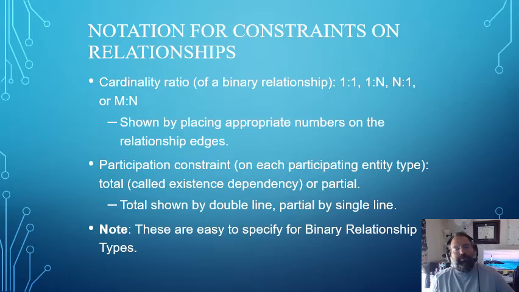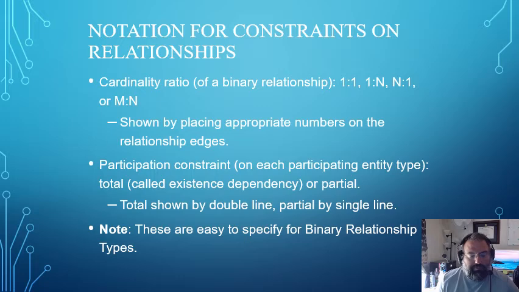The cardinality ratio of a binary relationship is 1 to 1, 1 to n, n to 1, or m to n, shown by placing the appropriate number on the relationship's edge. Participation constraints on each participating entity type, total called existence dependency, or partial. The total is shown by double line, partial by a single line.